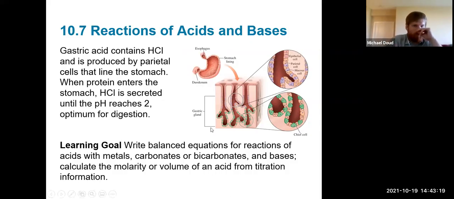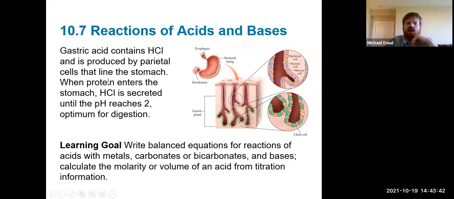So that's what we're going to look at in section 10.7. First we're going to talk about the reactions that they have, and then the different types of cells that can use this. Your gastric acid, for example, contains hydrochloric acid, and that's produced by what are called parietal cells that are in the stomach.